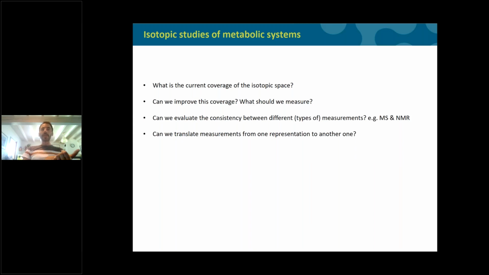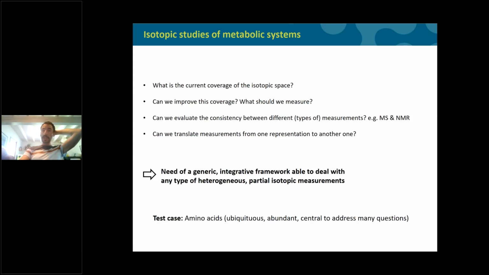The second question is, can we improve this knowledge? And for that, what should we measure? And finally, more on a quantitative aspect, can we evaluate the consistency between different types of measurements, for instance, between MS and NMR data? And can we translate these measurements from one representation to another?